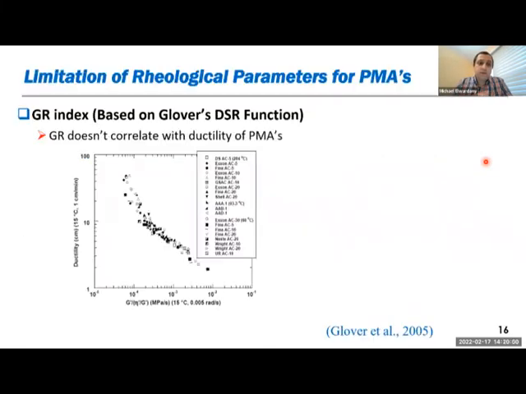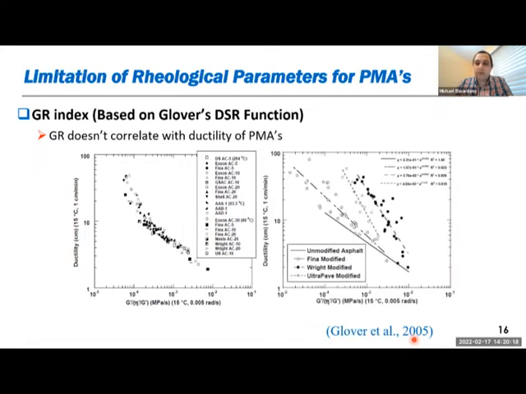For the limitations, you can see here the Glover rho parameter, or the Glover function, correlates well with ductility. This was shown in the Glover report in 2005. But in the same report, if you flip a couple more pages, you will see this plot, which is telling us that ductility and the Glover rho parameter don't correlate.